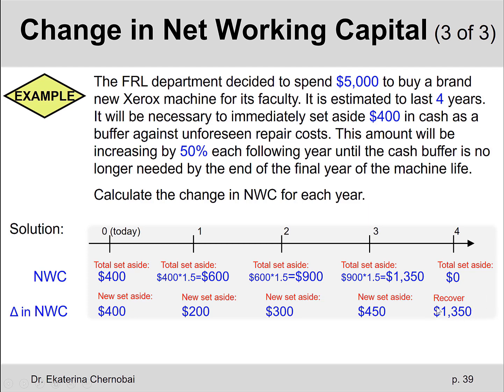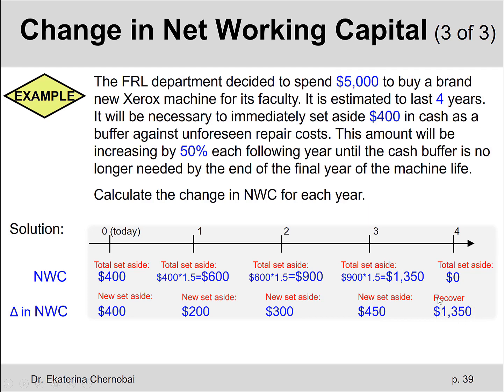Another way to calculate this final change in net working capital is to look at the sum of all changes in net working capital until the final year. So if you add up 400 plus 200 plus 300 plus 450, you would get 1350.